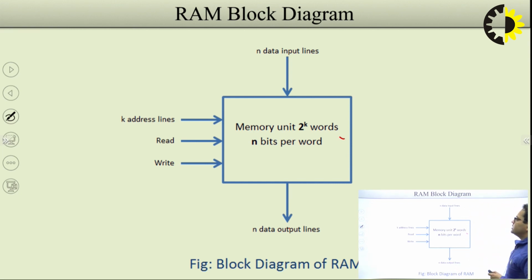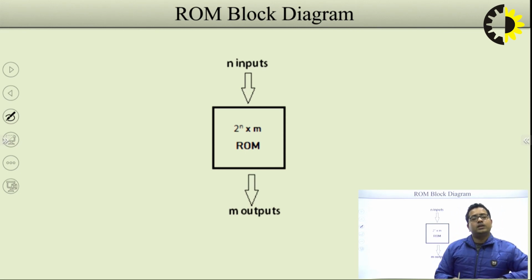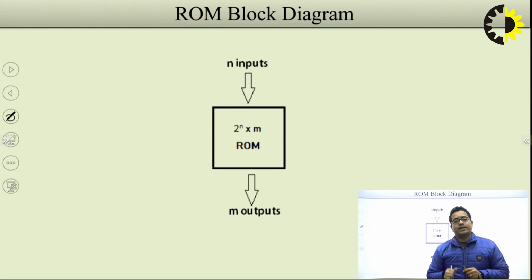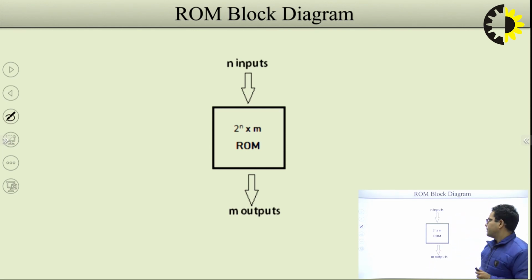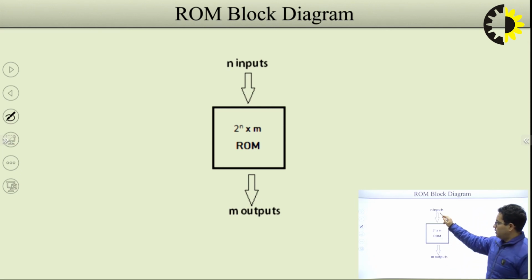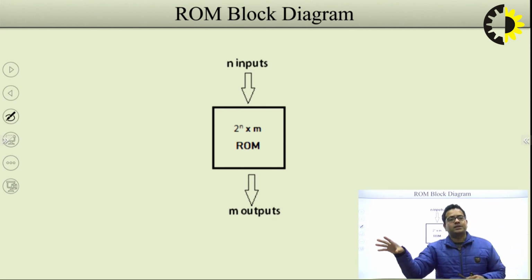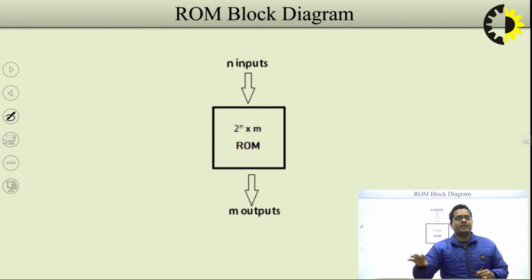Now after this we have ROM, that means read only memory. Read only memory is a non-volatile memory. Here we have N inputs and M outputs. Now these N inputs are not lines used for inputting data, because we know that writing facility is not available with the ROM.